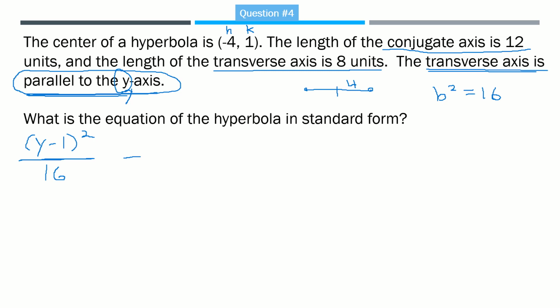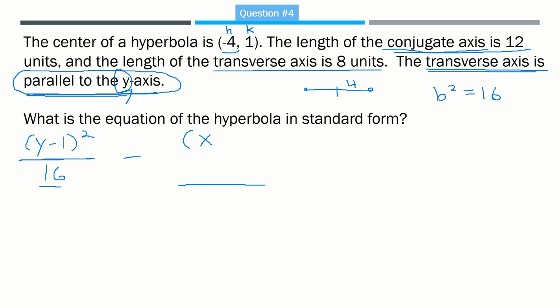And that's what goes down here. Now we go back and we put x. That's the conjugate axis. The conjugate axis is going to go in the second part after the minus right here in the equation.